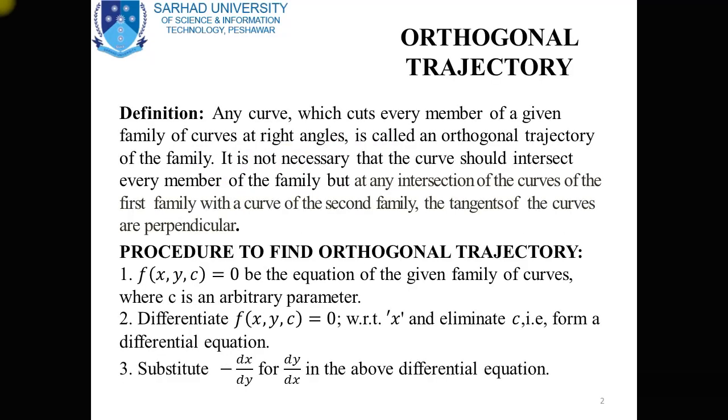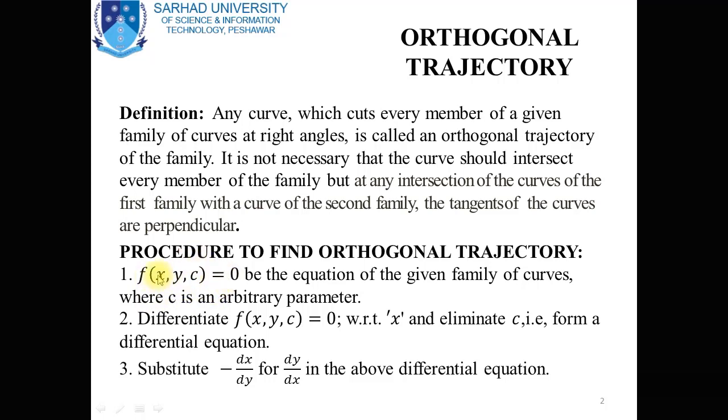So, dear students, note that we have a family of curves, and we want to find another orthogonal family for this family. This is the given family of curves, and we want to find another orthogonal family of curves. For this purpose, first of all, differentiate this equation.